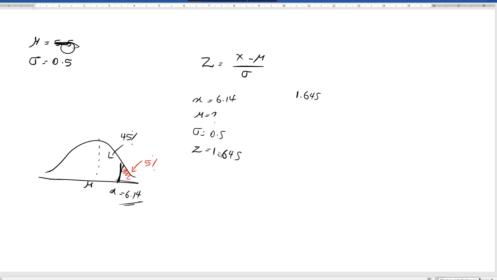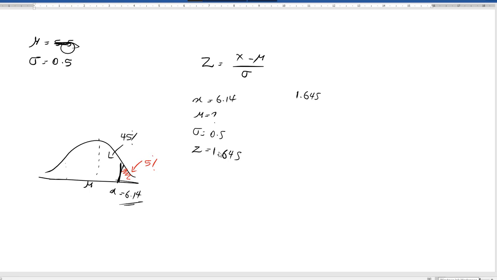1.645. I need to point something important out here. Remember, x is on the positive side, so 6.14, and I get the z value which is 1.64 and it's positive. Remember, if x was here, no matter if it's positive or negative, the corresponding z to that should have been a negative value.